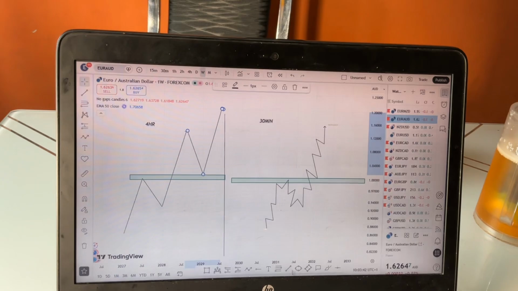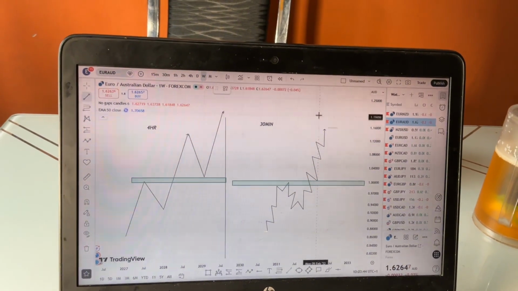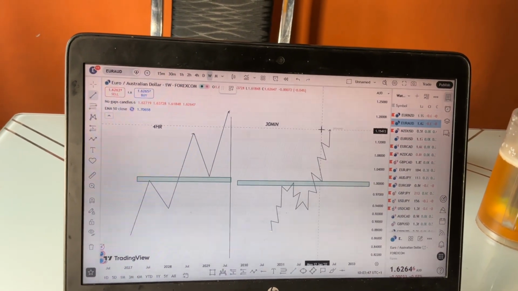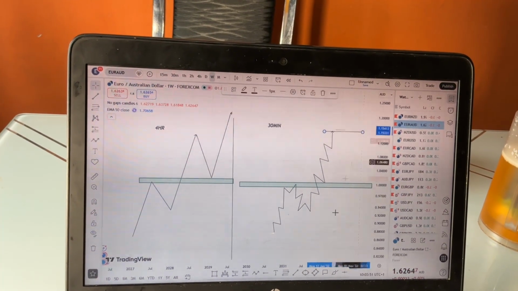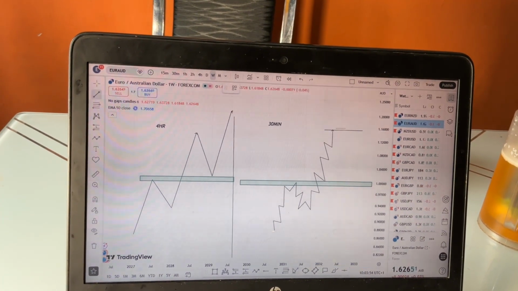Now, on the 30 minutes, this is the 30 minutes higher high, and this is the 30 minutes higher low.